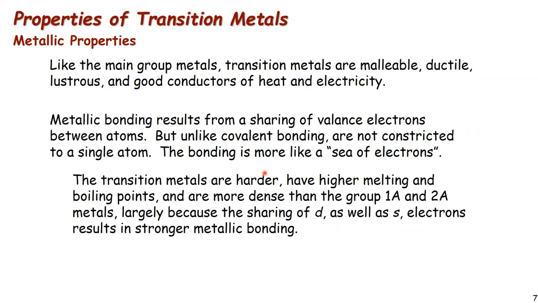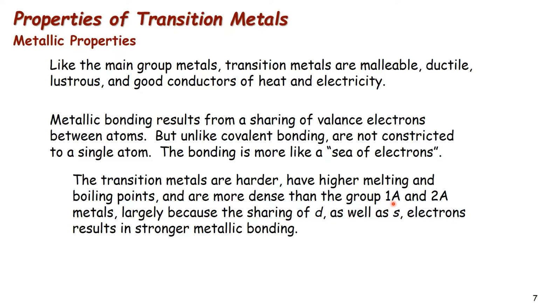Okay, so transition metals are harder and have higher melting points than the other main group metals, especially the 1A and 2As. The group 1A metals have melting points that are, some of them, just above room temperature. Okay, the 2As, again, not that hot, 100 to 200 degrees Celsius, and you'll melt them.